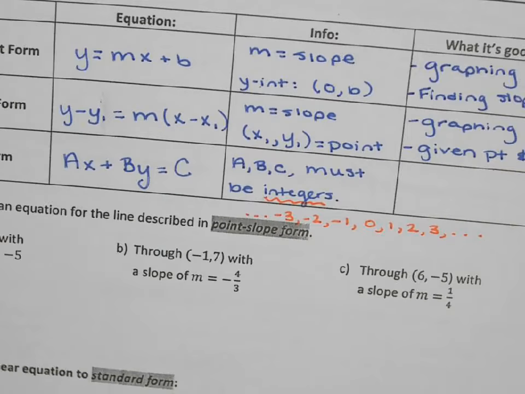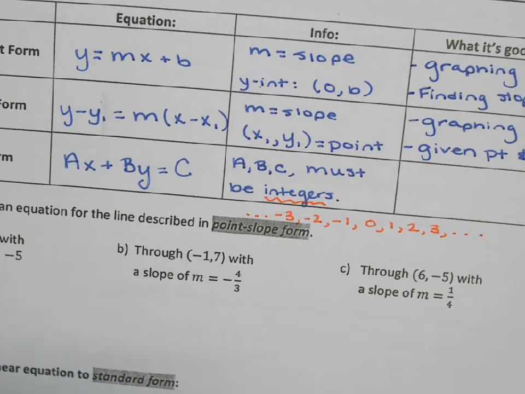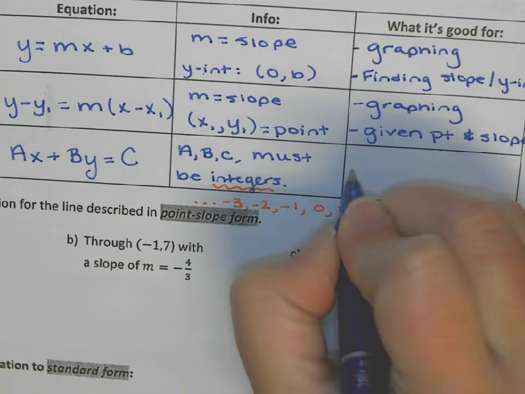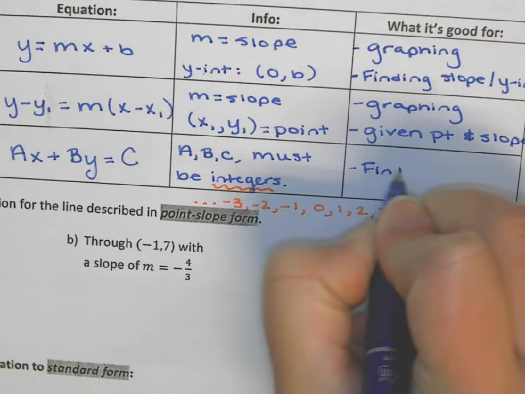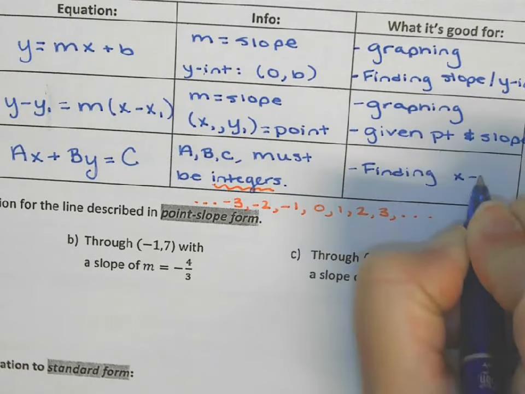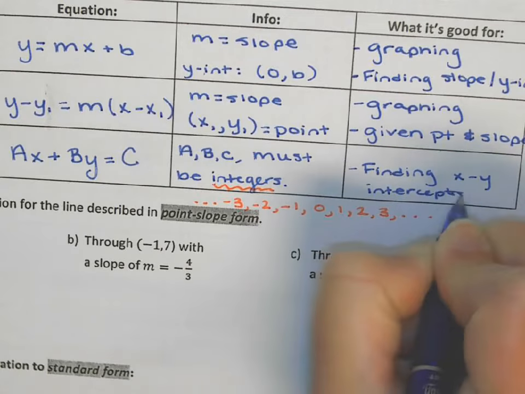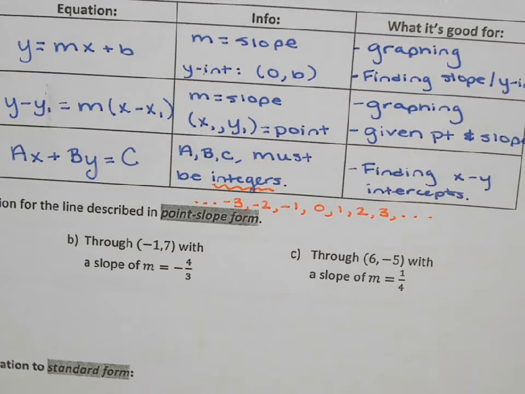Standard form is really good for finding intercepts. So finding x and y intercepts. And I'll show you how to do that in a little bit. But that's kind of the key thing that it's good for.